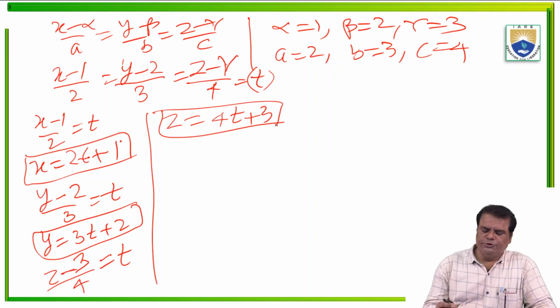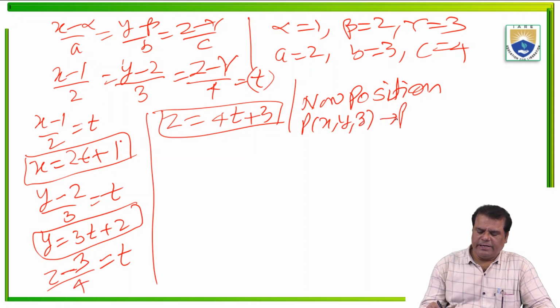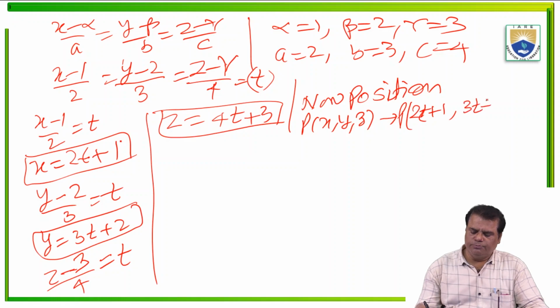Now the position is P(x, y, z), so the value of P is (2t plus 1, 3t plus 2, 4t plus 3).